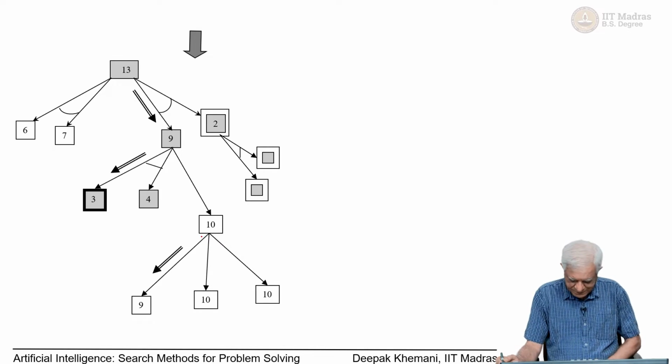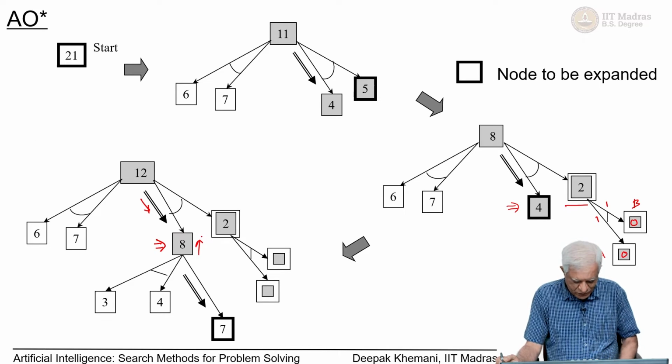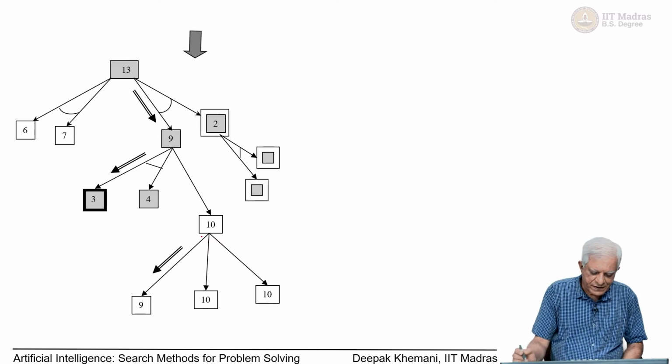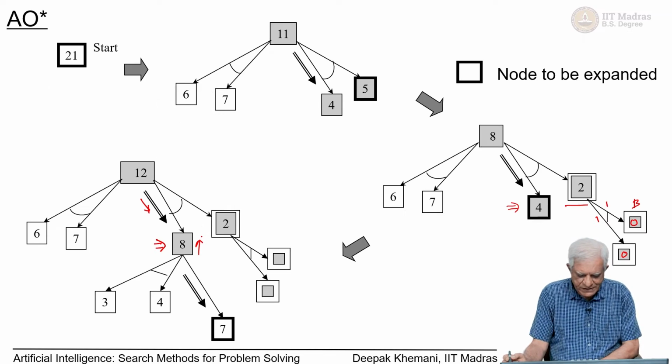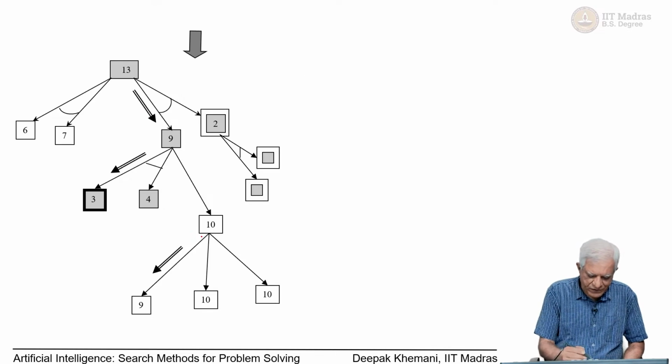So, we refine, let us say, this node 7 as seen here. Which was this node 7? This node 7 was this one here.